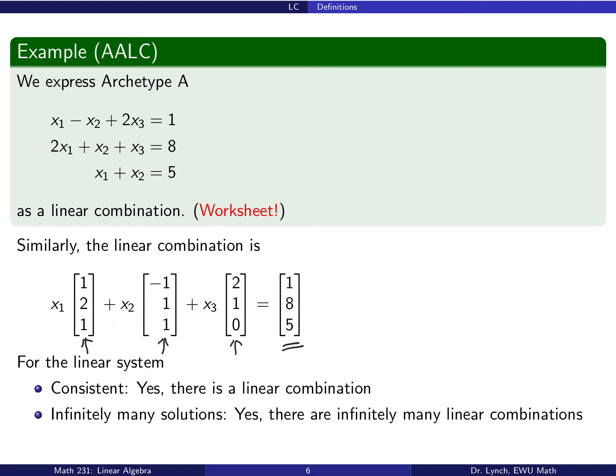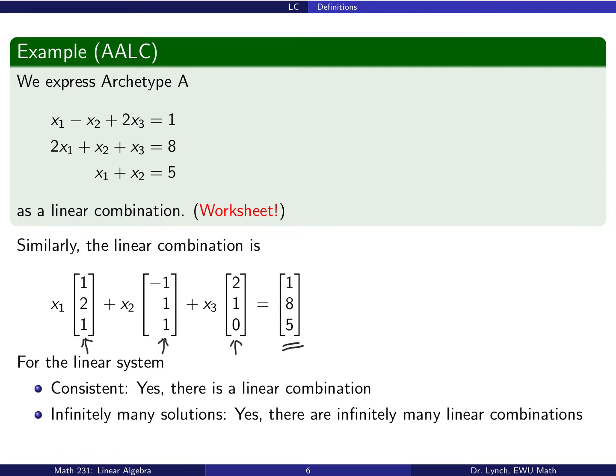And similarly, answering the question of whether there's only one way or more than one way to write a certain vector as a linear combination of other vectors is related to the question of whether a consistent linear system has a unique solution. And it turns out that's always true.